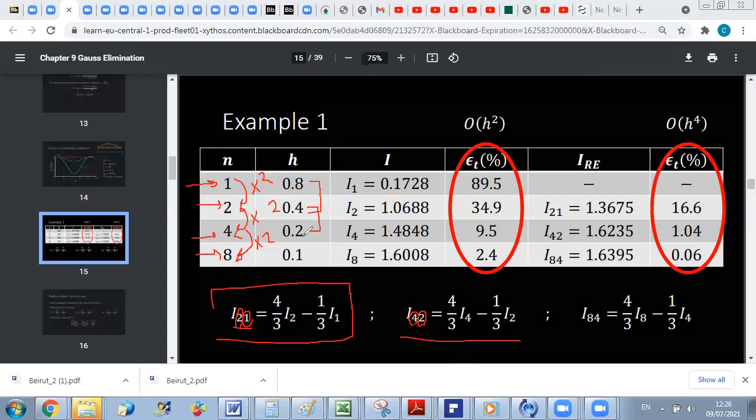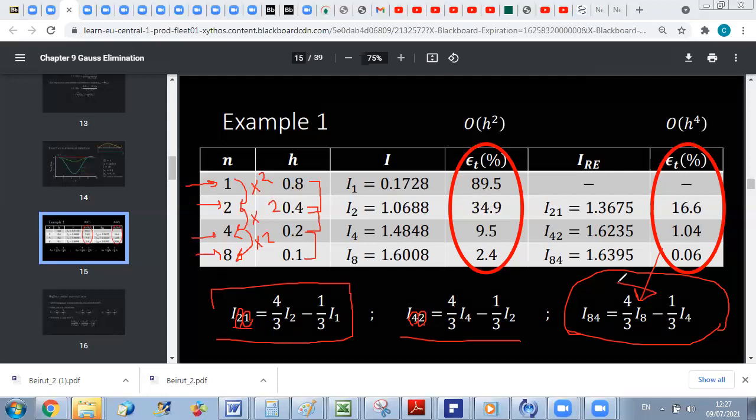And you can combine 4 and 8 to get I84, which is 4 over 3 I8 minus 1 over 3 I4. You can expect that this one will be the most accurate of the three, because I2 is better than I1, I4 is better than I2, and I8 is a better estimation than I4. So when you combine, this will be the best choice.